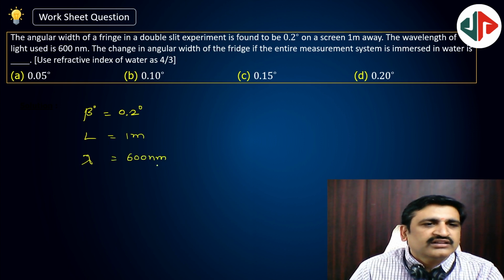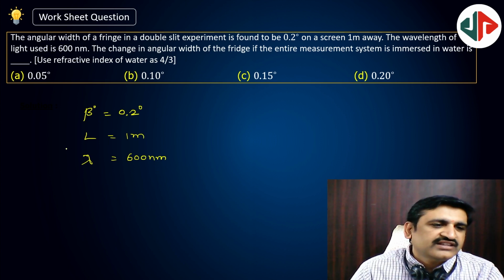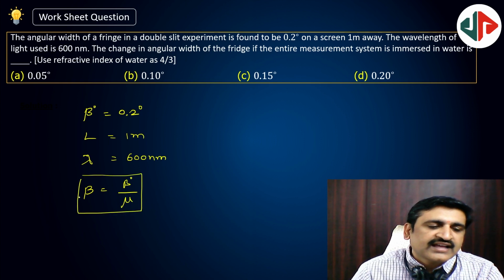Find the change in angular width of the fringe if the entire measurement system is immersed in water. Actually, these things are not at all required. See, beta dash is beta naught by mu. This is the formula for it, as lambda is going to change, because lambda dash will be lambda by mu.